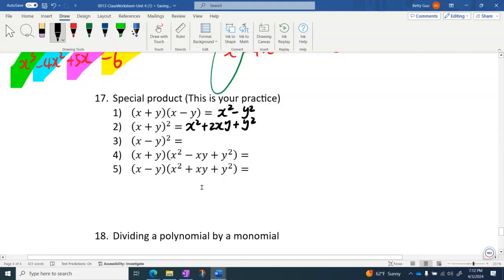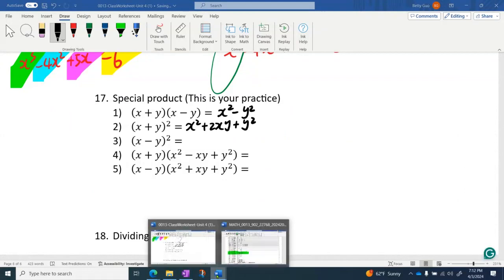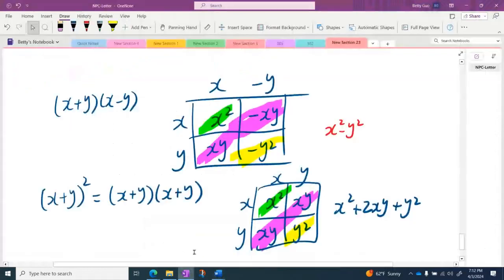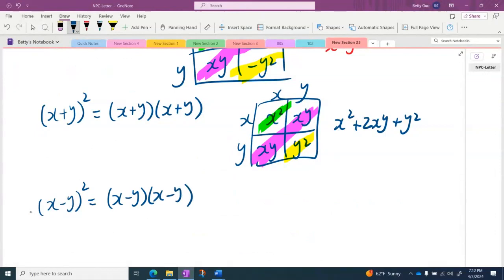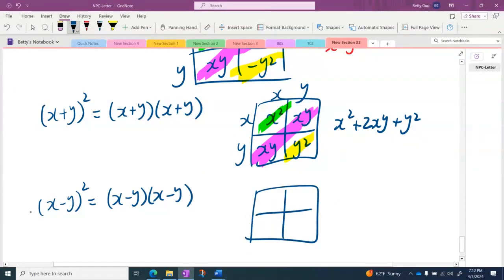And now please try number 3. Number 3, we have x minus y to the power of 2. X minus y to the power of 2 is x minus y times x minus y. Try the box method.